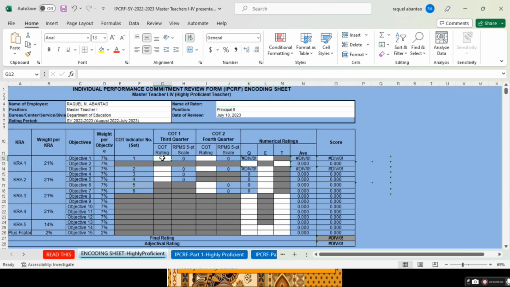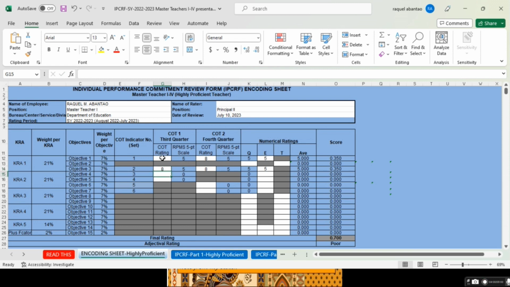So, para sa objective 1, ilalagay natin yung score natin sa ating COT rating, which is 8. And the fourth quarter rating sheet, 8 uli. That gives us 5 points. And our score for efficiency, which is 5. Ganon din po para sa objective number 3. We have 8 and another 8 for the fourth quarter, which is equivalent to 5 points, and 5 points for the efficiency.